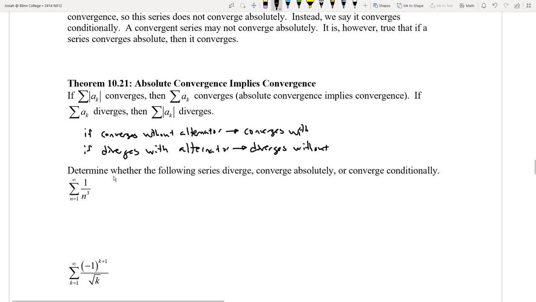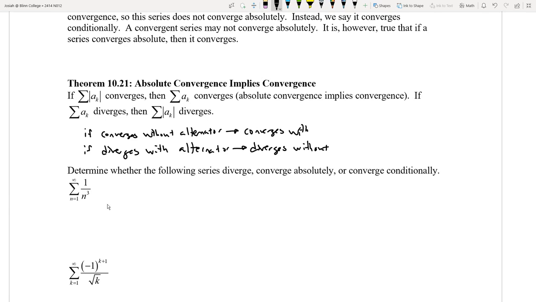So this is what we'll start to do. It says determine whether the series diverges, converges absolutely, or converges conditionally. We now have three things to check for, so we're going to want to start with the strongest thing that we can. From this point on, whenever we are looking at a series that we want to check for convergence, we're first going to apply absolute values.